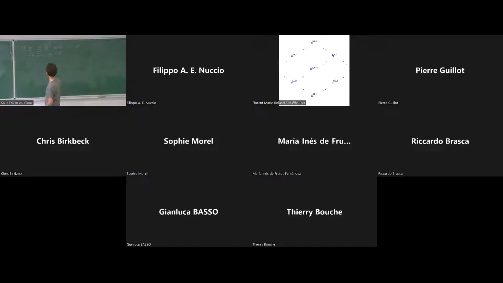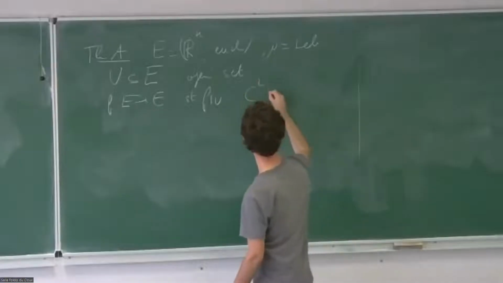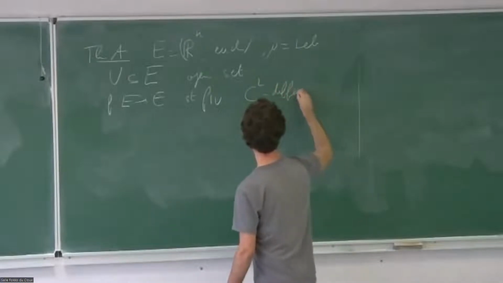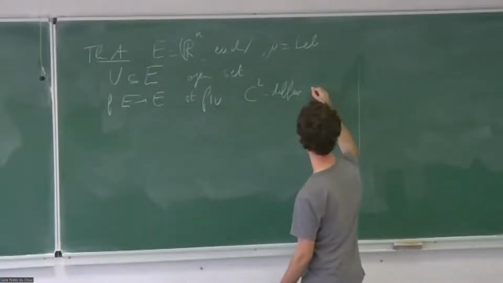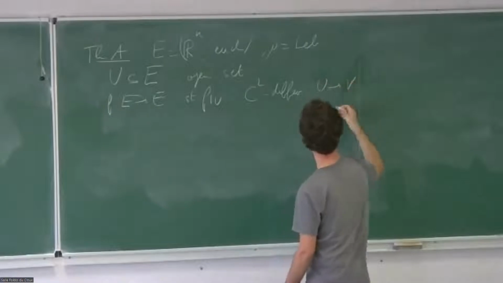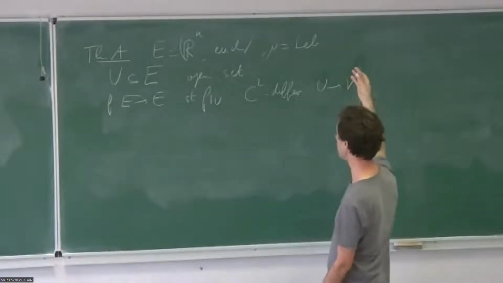And then you take some function f from Rn to itself, such that restricted to this open set U, you get a diffeomorphism onto its image. Let's say that it's a C2 diffeo onto V, which will also be an open set.